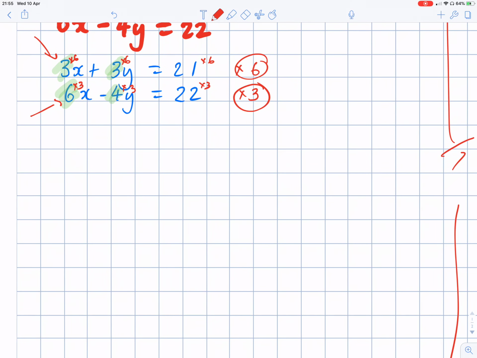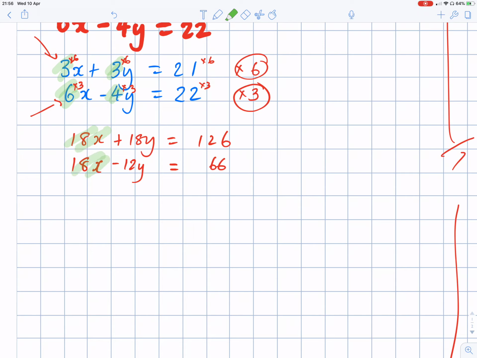So 3 times 6 is 18x, 18x plus 18y equals 126, and the other equation is 66, and 4 times 3 is 12, so it's minus 12y, and 6 times 3 is 18x. So now we've got 18x and 18x.